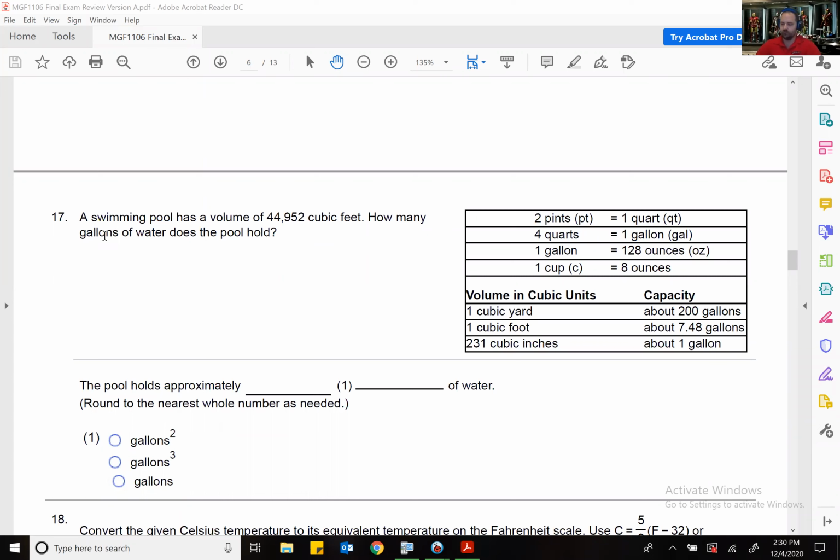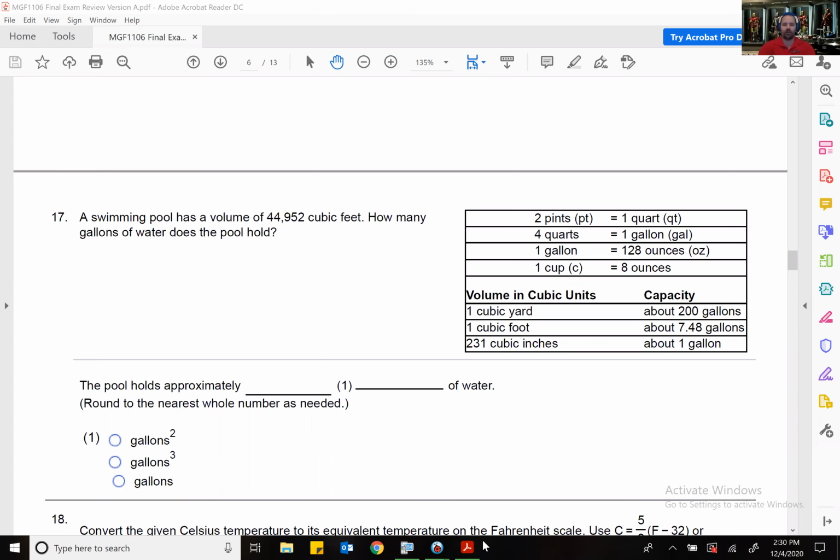So we'll use dimensional analysis again to help us out. And it also says round to the nearest whole number. So what is our conversion we're going to use? 1 cubic foot is equal to what? 7.48 gallons.